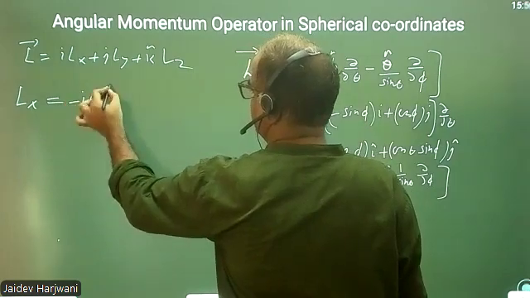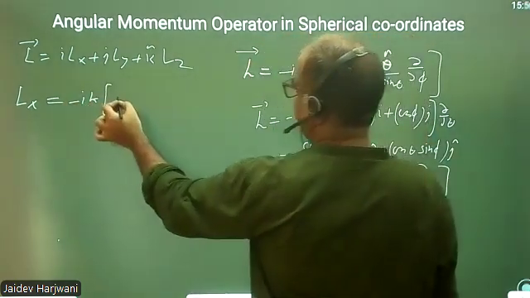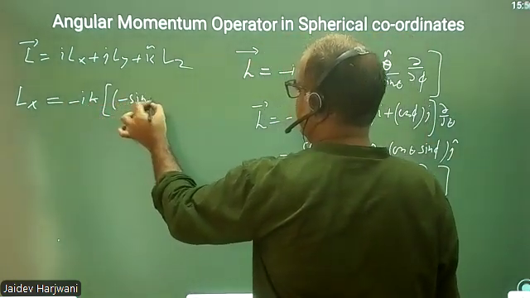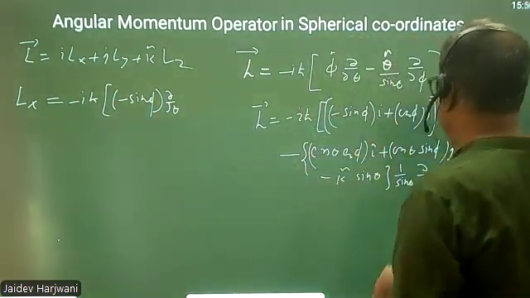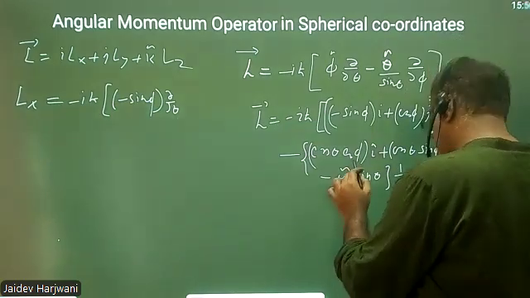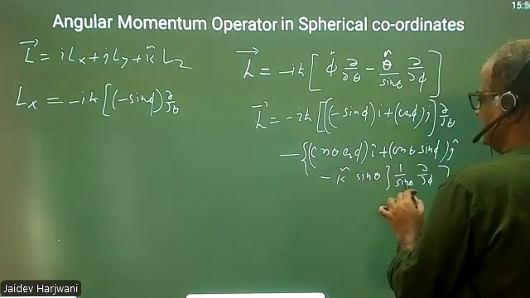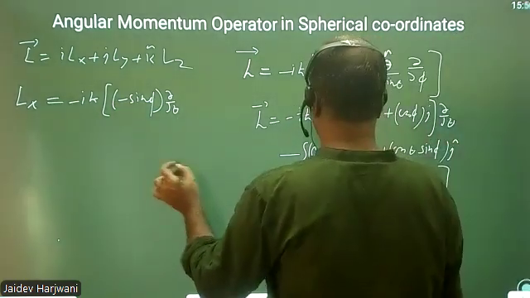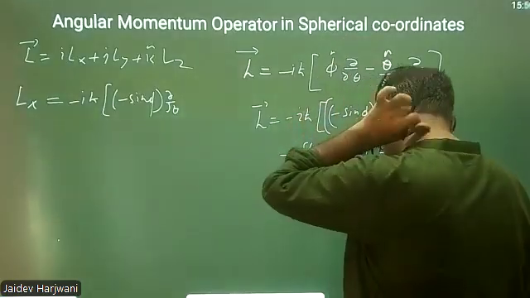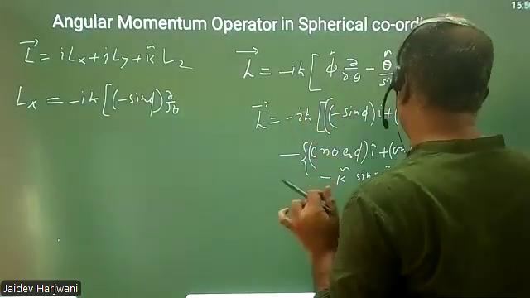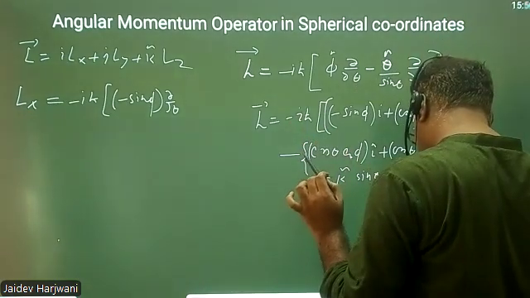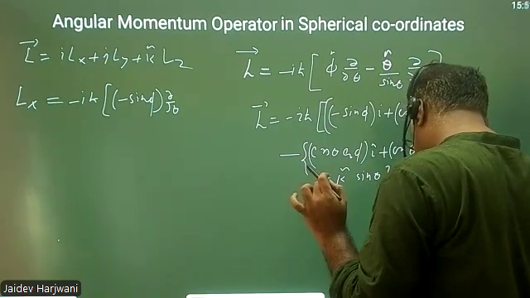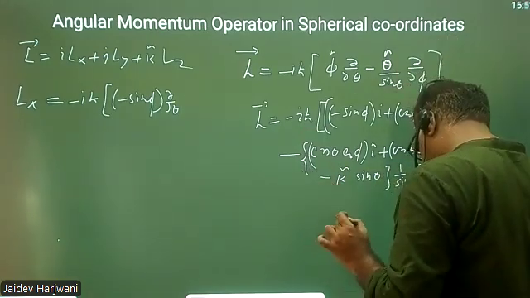Minus iota h cross, minus sin phi del upon del theta, and here you have cos theta divided by sin theta, cot theta. This is also minus here, and Lx should also be minus.